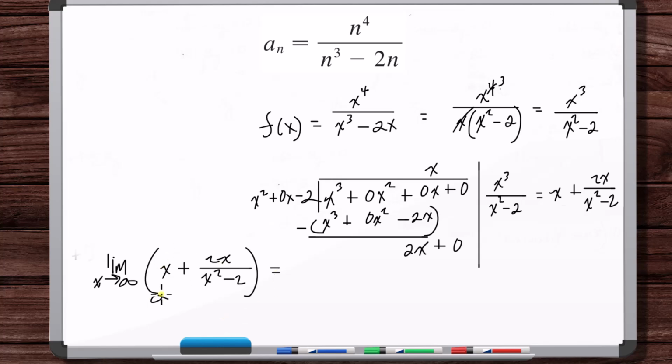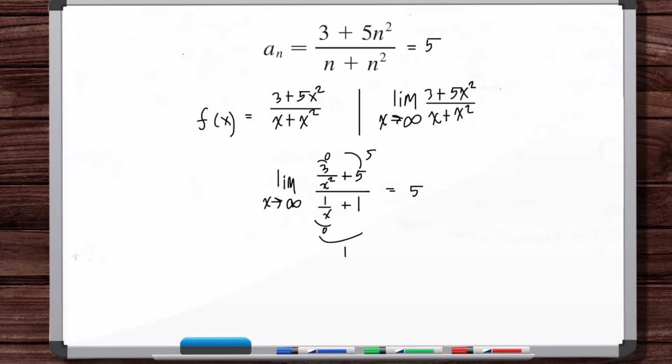Okay, this is infinity, and then this is 0, so this goes to infinity. So this is divergent. The limit of a sub n is equal to infinity, and it's divergent. And if we come back to the first problem, the limit of a sub n is equal to 5.